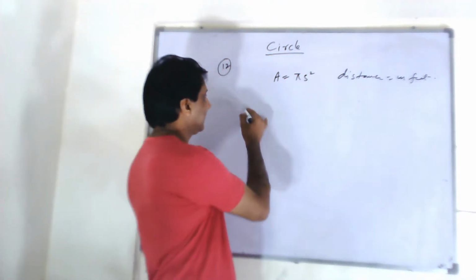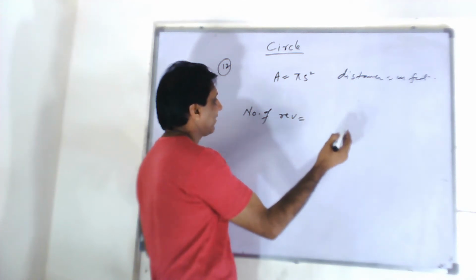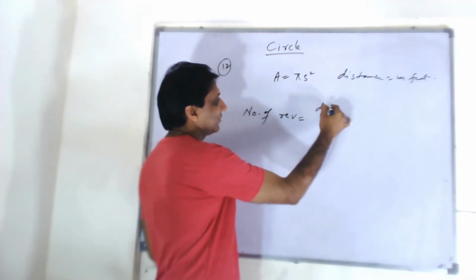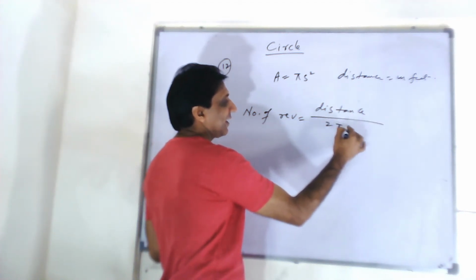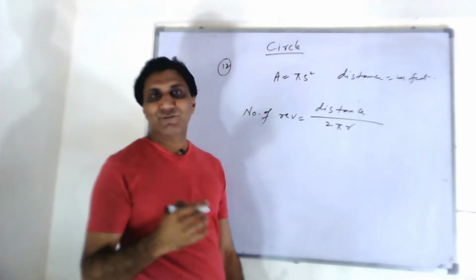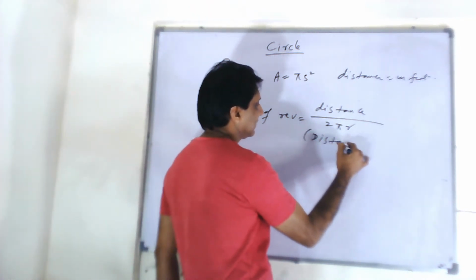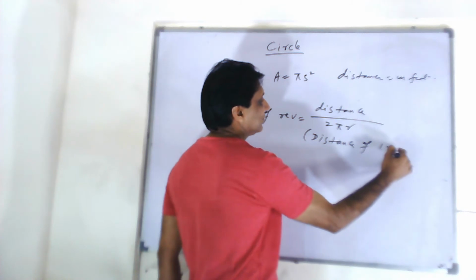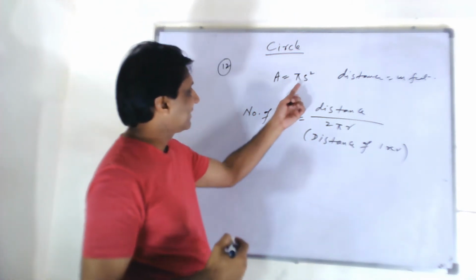So the number of revolutions can be found by dividing the total distance by the circumference, 2 pi r, the distance of one revolution. But the radius is s.